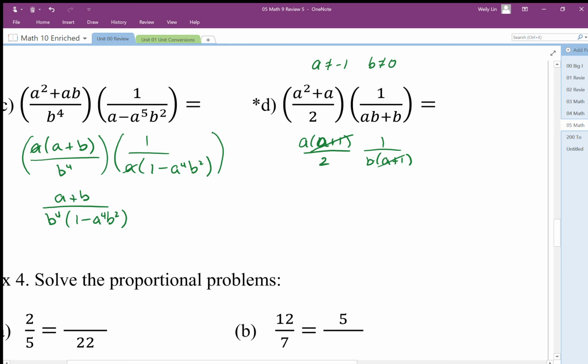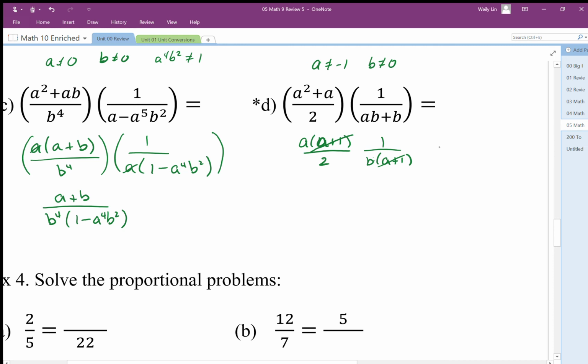And maybe we should do that here as well. So we have a factor of a not equal to 0, b not equal to 0. And this one here, we have to say that a^4 b^2 is not equal to 1. Okay, we're not going to separate that out. We'll just keep that as one piece, not equal to 1.